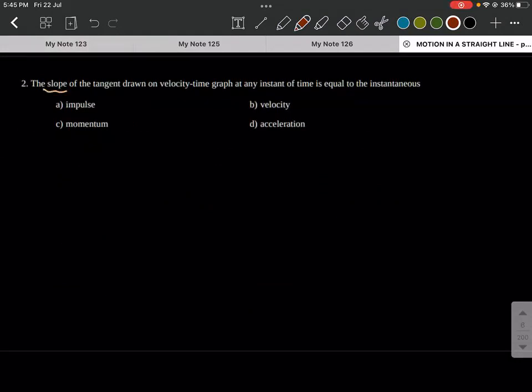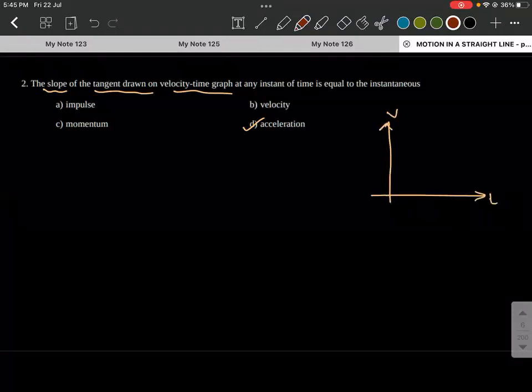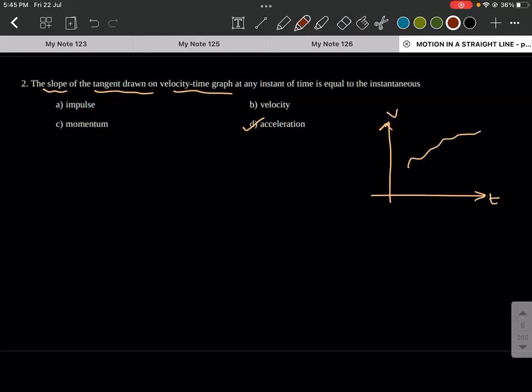The slope of tangent drawn on the velocity time graph at any instant of time is equal to instantaneous. So if you have a velocity time graph and you have any curve, the slope of the tangent drawn to the curve at any instant gives, the slope of this line gives instantaneous acceleration.